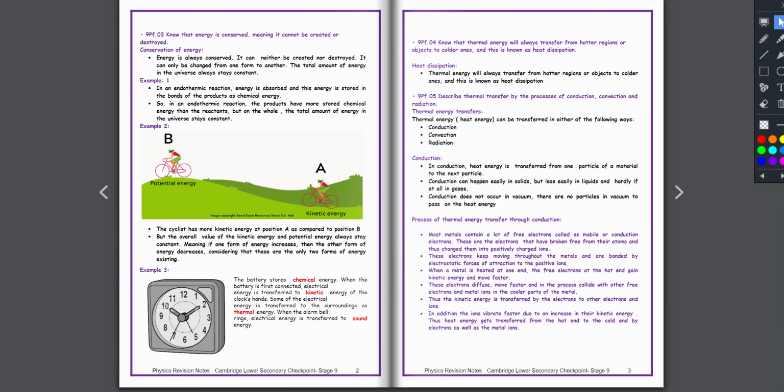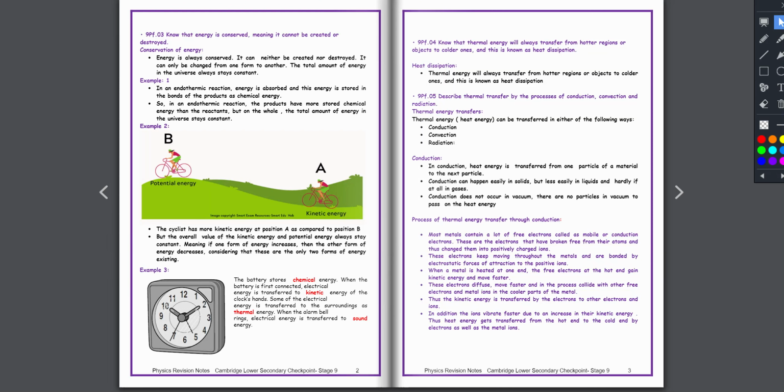So, to give you a simple example, when you switch on the fan, what is happening? The fan blades start to rotate, right? The blades are moving in circles. So, you have supplied electrical energy and the blades are moving.